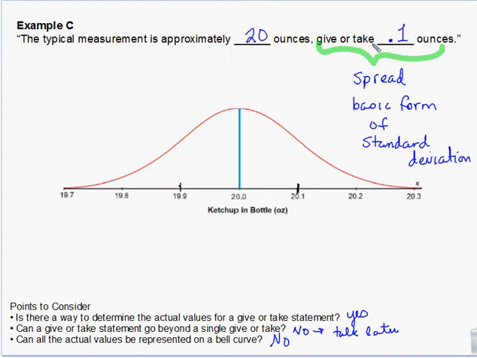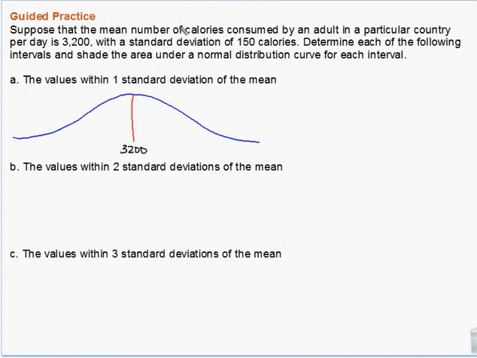Here we're saying a standard deviation of 150 calories. That's saying give or take 150 calories. So to calculate those numbers, we take 3,200 plus 150 and 3,200 minus 150. So 3,350 and 3,050.